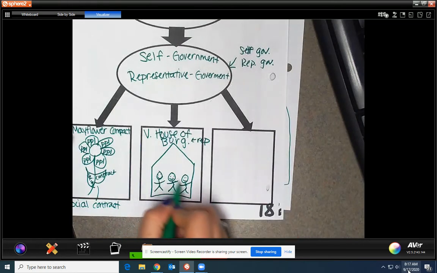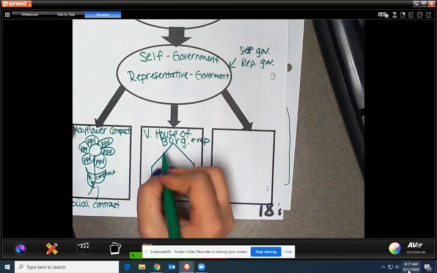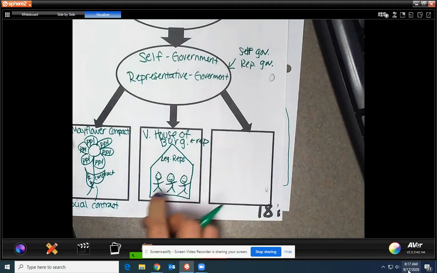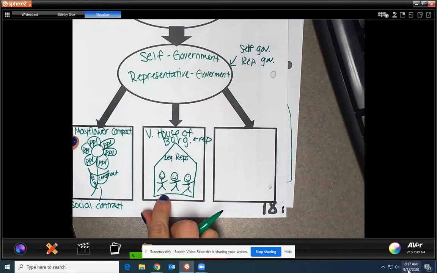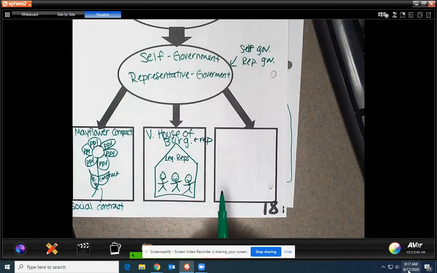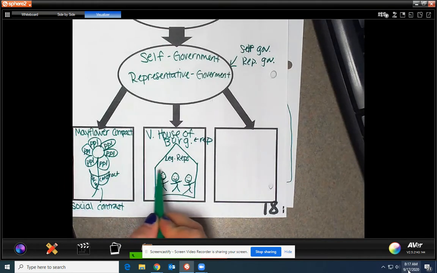So here are representatives. So here's what you're going to write in here. Leg reps. Are they working out in this house? Doing leg reps? No. Another word for people who make laws are legislators. Lawmakers are called legislators. So if they're in this house together making laws, they're called legislators.